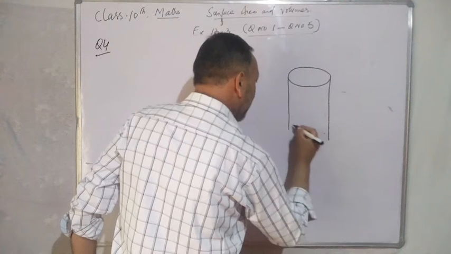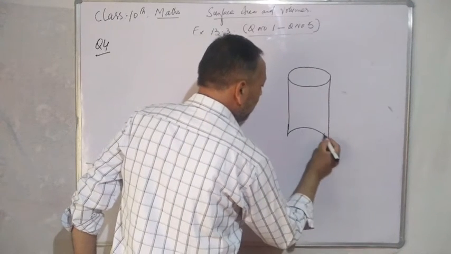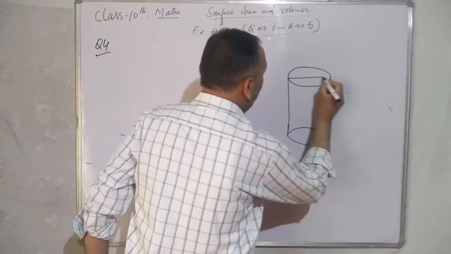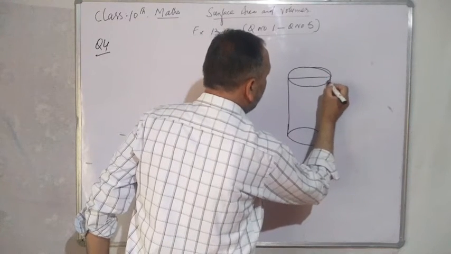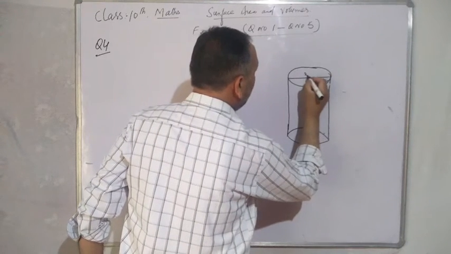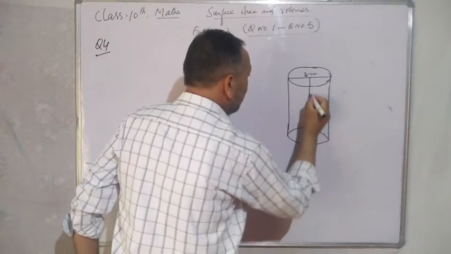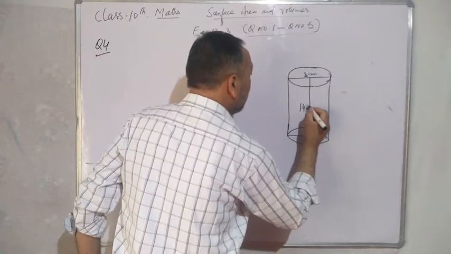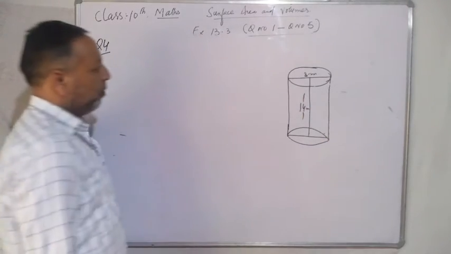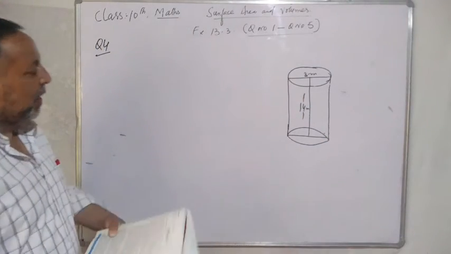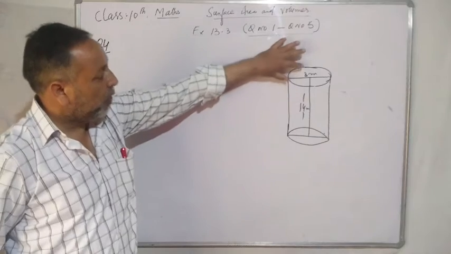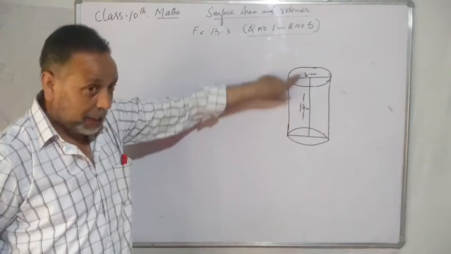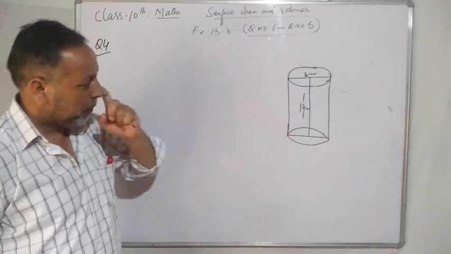Cylindrical form. तो एक cylindrical well खोदा गया, उसका जो डाया है वो है 3 मीटर, और इसकी जो डेप्थ है यानी हाइट है that is 14 meter. The diameter of this well is 3 meter and its height, that means the depth, is 14 meter.